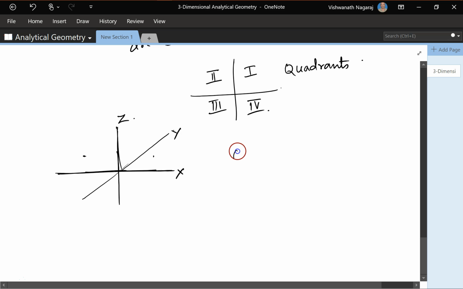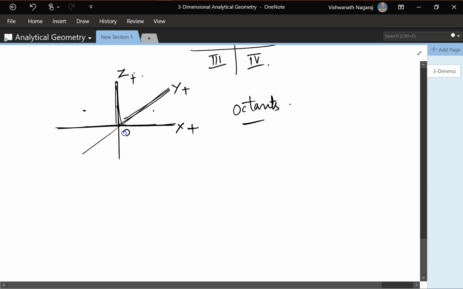Now these are called octants. Just like we had quadrants, we have octants. And the space bounded by the positive directions of x, y and z is the first octant. Okay, this is the origin.